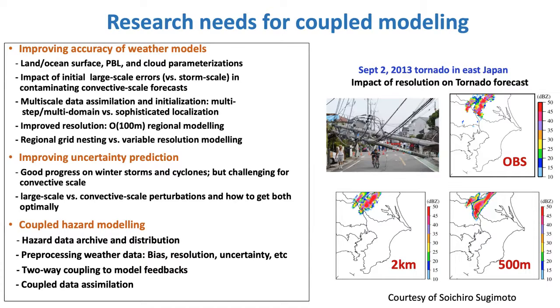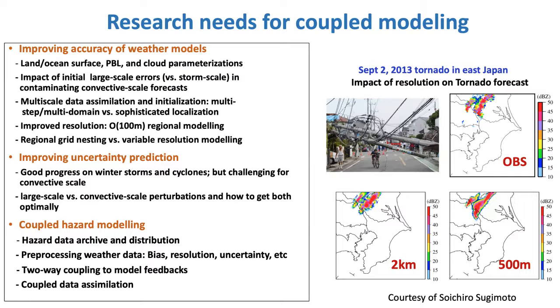And the second topic is to improve uncertainty prediction. For high-resolution kilometer-scale modeling, one question that often arises is how to make the perturbation. How can we consider large-scale and convective-scale perturbations? How can we get both optimally?